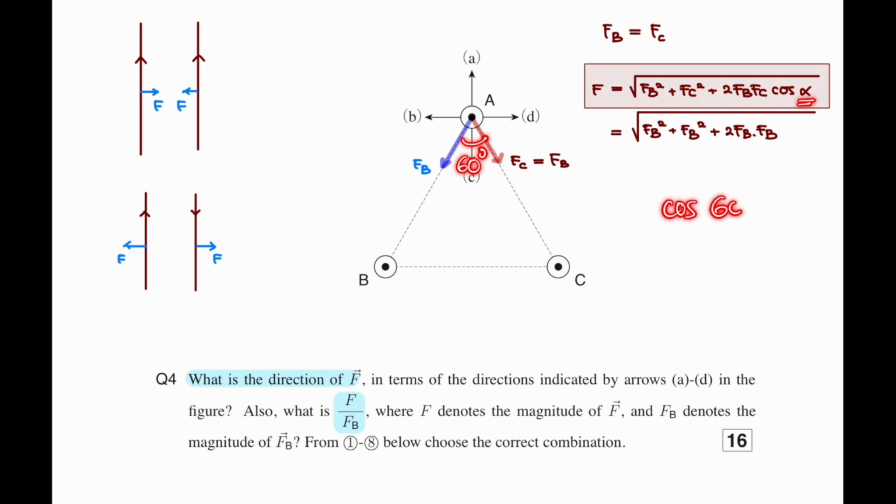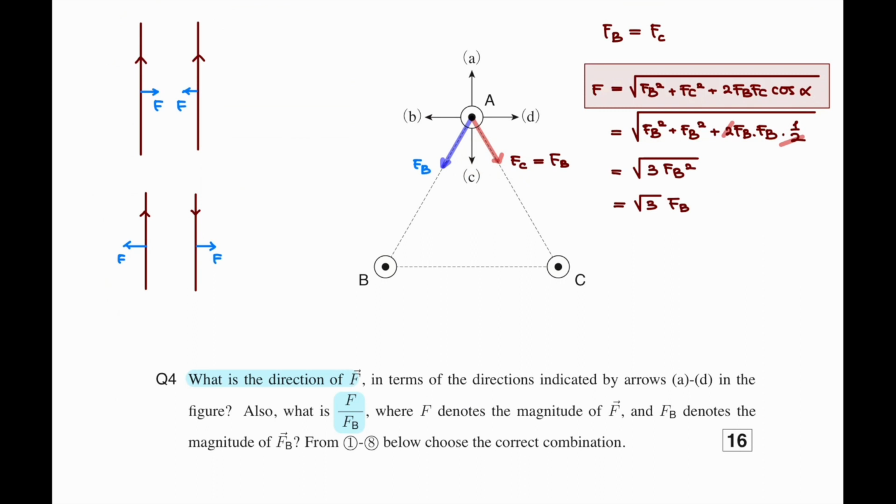Cos 60 degrees is equal to half. You can cancel out the 2 and the half, and then you will obtain the square root of FB squared plus FB squared plus FB squared, which is 3FB squared. Therefore, the magnitude of the resultant force F is equal to the square root of 3 FB.